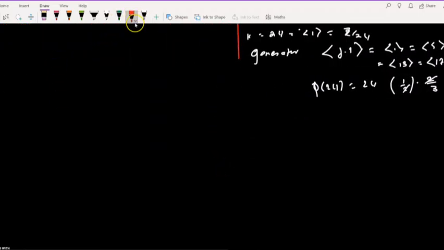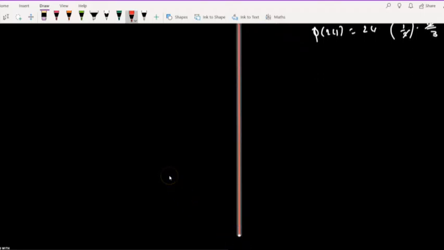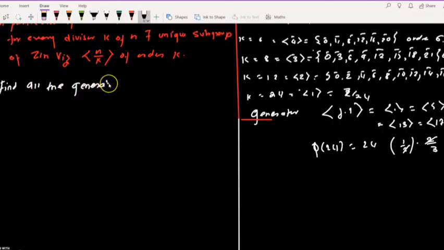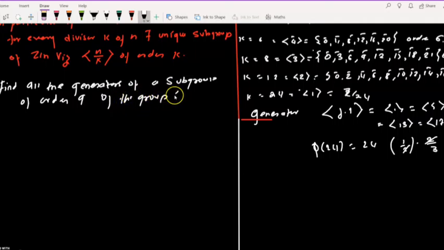So the question is as follows: find all the generators of a subgroup of order 9 of the group Z36 under addition.